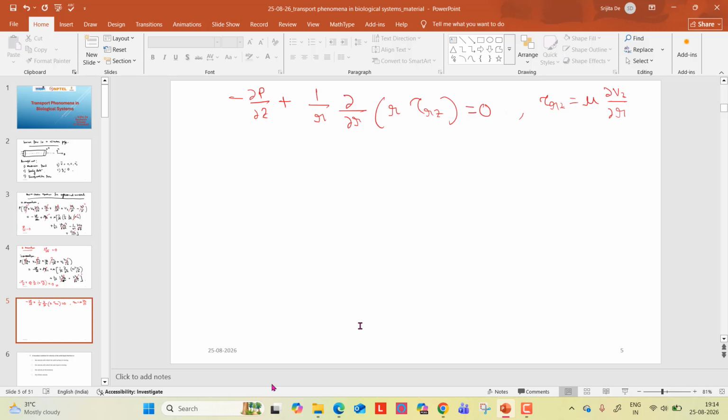If you compare with the equation, mu del Vz del R is the tau RZ, right? So what is R? R is the direction of area where the change is happening, and Z is the direction of the flow, right?